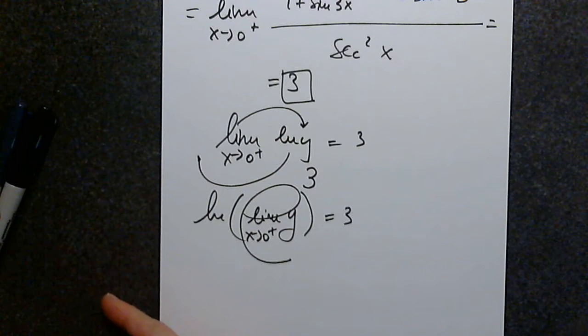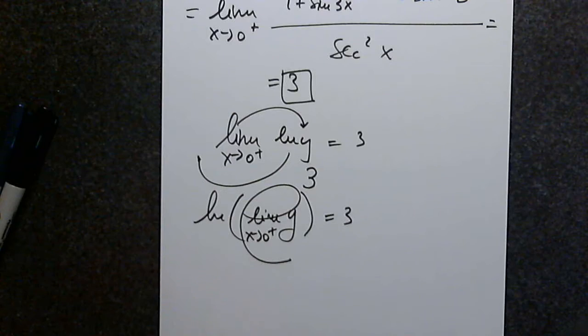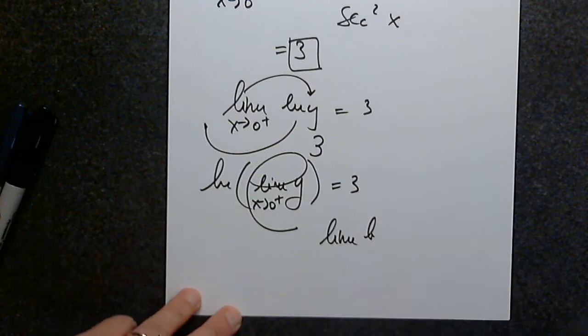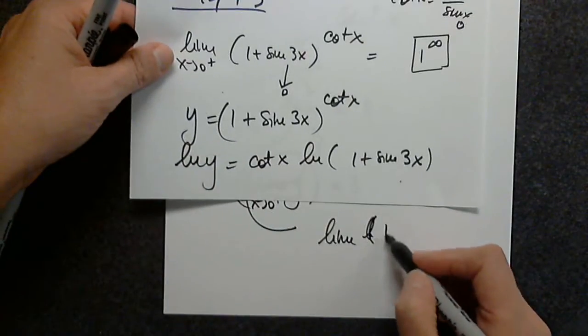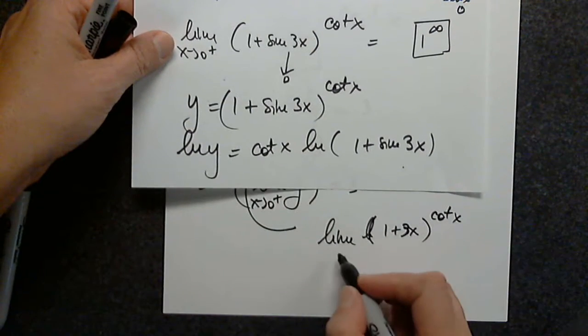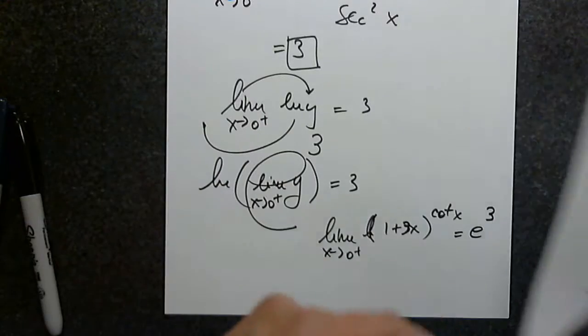Bring 3 in front, and natural log e is 1, so you get 3. So therefore the limit of (1 plus sine 3x) raised to cotangent x when x approaches 0 from the right is e to the third.